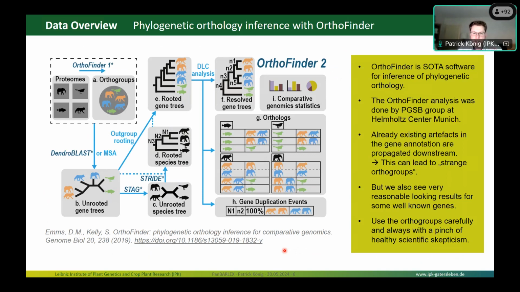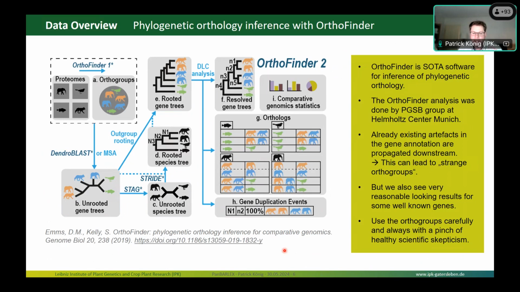And it's important to say that if there are artifacts in the gene annotation, those artifacts are also propagated into the downstream analysis with OrthoFinder. And this can lead to some strange orthogroups, which look very strange. But we have checked the data set, and we also saw very reasonable looking results for some well-known genes.